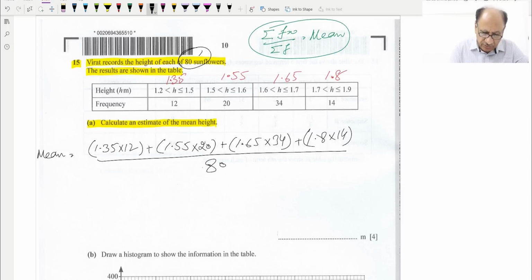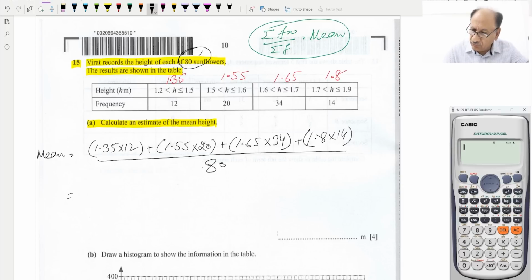So we'll write here 80. Now careful use of the calculator will be giving us the correct answer. So 1.35 multiplied by 12, bracket close, plus 1.55 multiplied by 20.